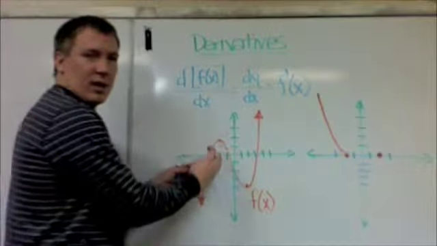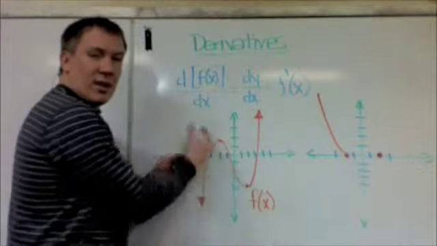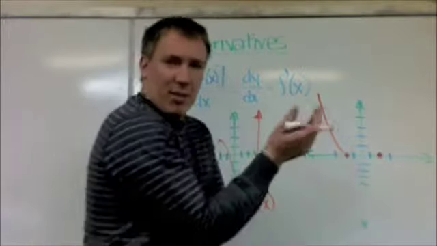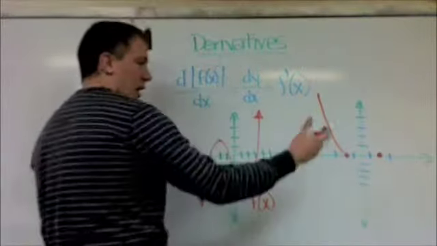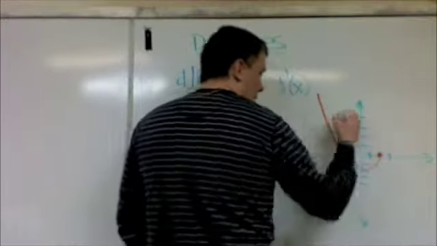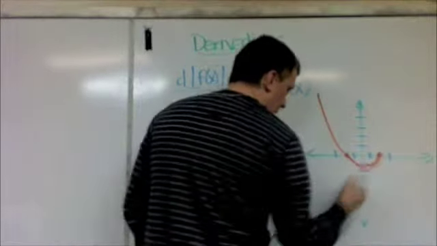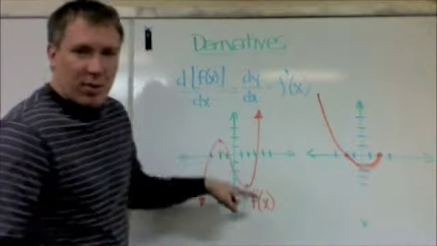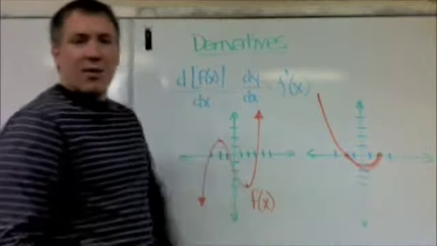This next section from here to here, that's a negative slope. So I'm going to have negative values here, meaning below the x-axis. I'm going to have negative values from here to here, because from this 0 slope to that 0 slope, I have a negative slope.